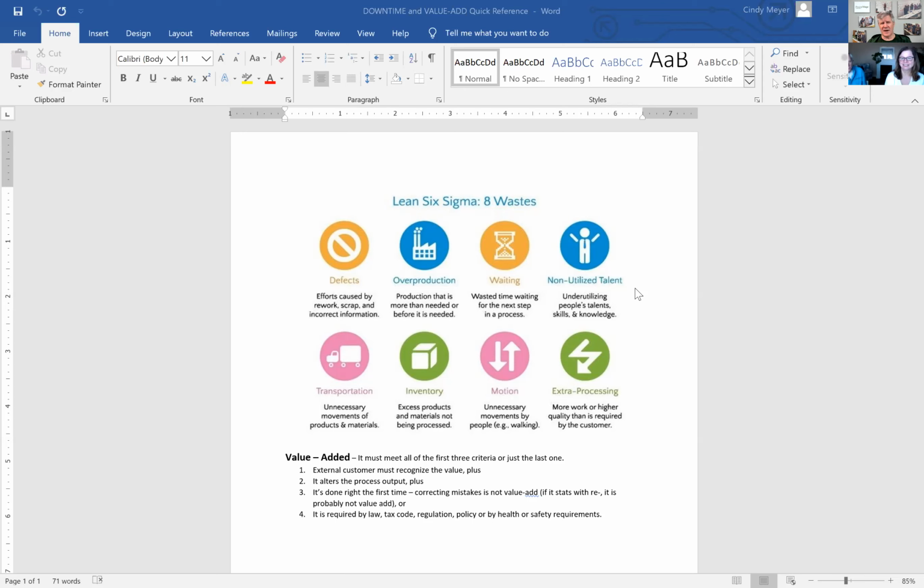Now remember, we're talking about the ball, not the player. Yep. Right? So anytime we start talking about people... Well, they do talk about where they're missing an expertise, or there's someone that has an expertise that isn't being utilized.